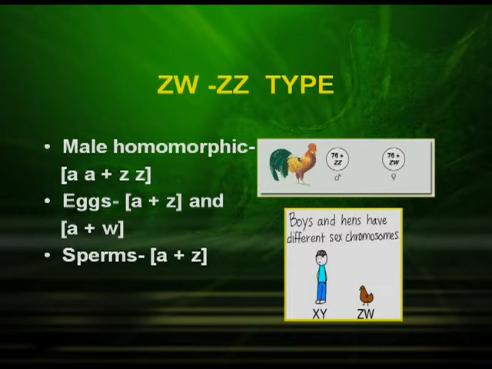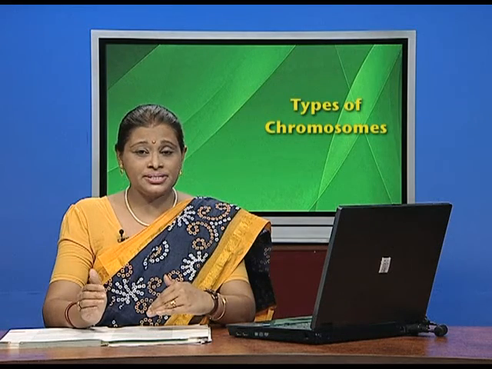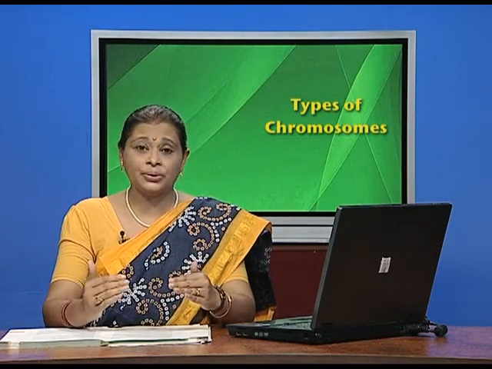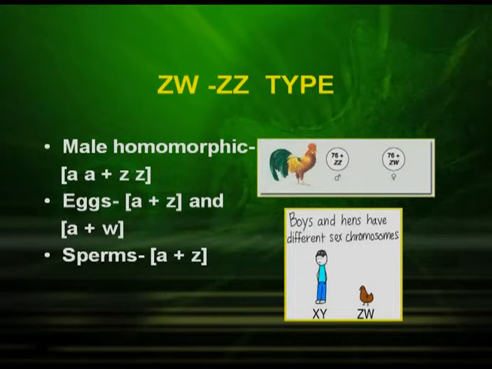On the other hand, the male is homomorphic, that is, AA plus ZZ. That means it is just the opposite of what we found in man. Here the eggs are A plus Z and A plus W, while the sperms are all of the same kind, having A plus Z.